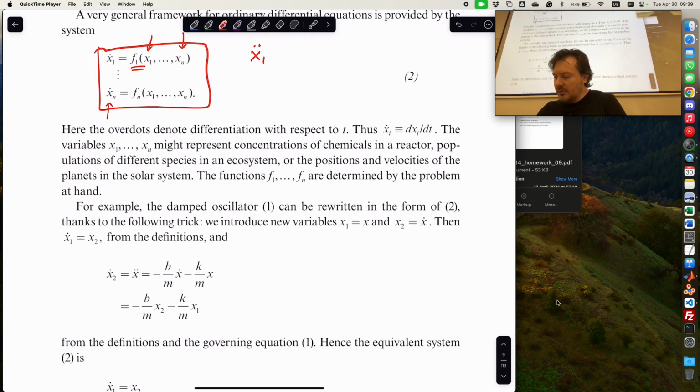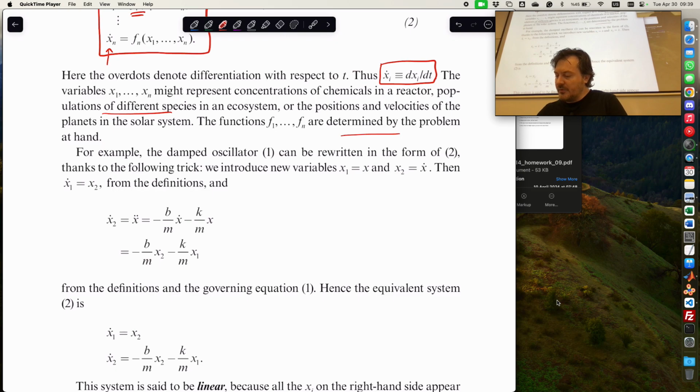Okay, how do we do it? Of course, dots are derivatives with respect to time. The variables might represent concentration of chemicals in a reactor, population of different species in an ecosystem, position and velocities of planets, etc. Functions are determined by the problem. For example, the damped oscillator that we just saw, m x double dot plus b x dot plus kx equals 0. This is damped oscillation, right?